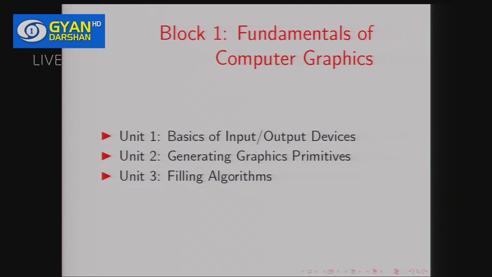Block 1 is divided into 3 units. Unit 1 is about the basics of input-output devices. Unit 2 tells you about generating graphics primitives, how you will generate 2D images like points, circles, conic sections or straight lines. Then in Unit 3 you will see some filling algorithms.